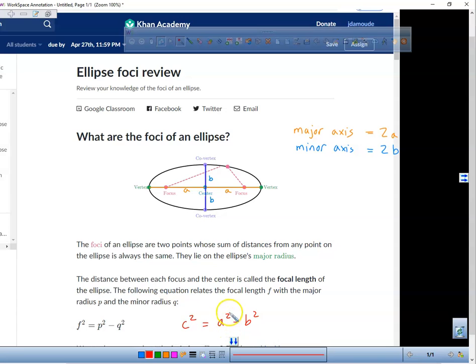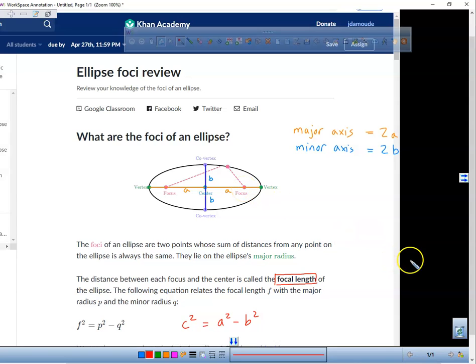But here's what it says. It says f represents what's called the focal length. Now what is the focal length? It's the distance between each focus. So the focal length is the distance from this focus to this focus.